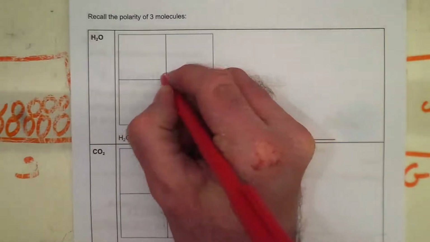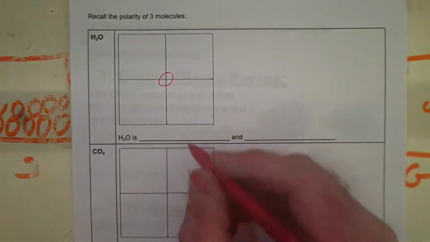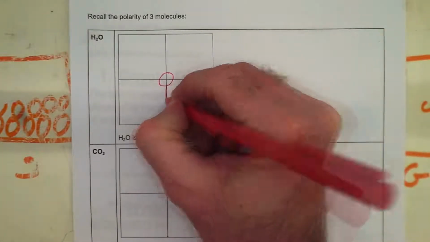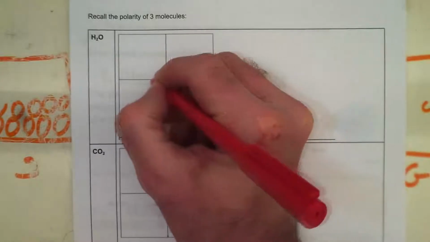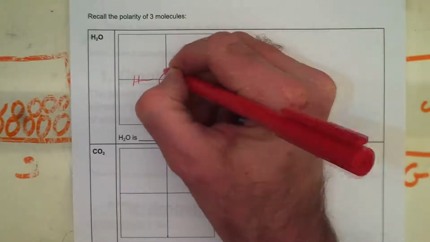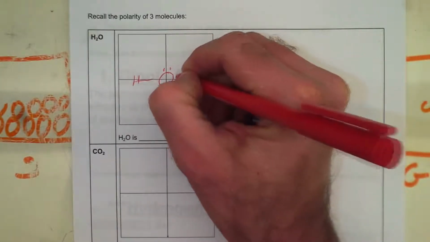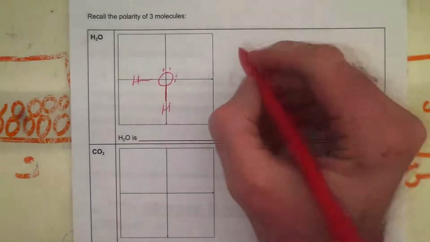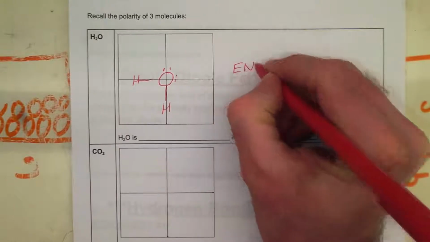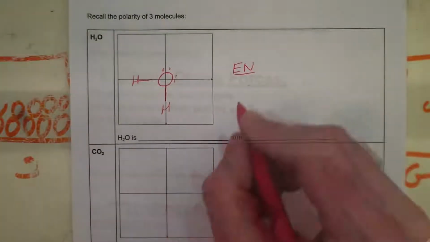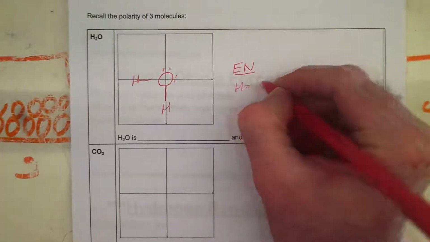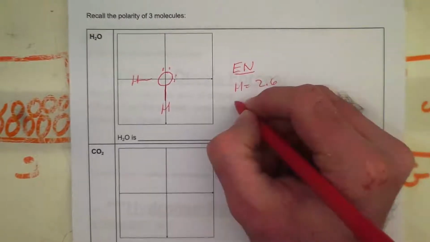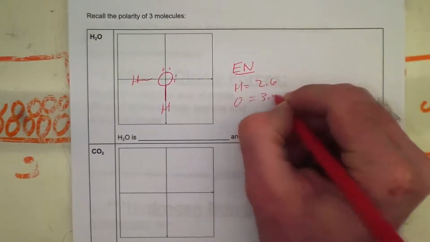I'm going to draw the oxygen here in the middle of these axes, with one hydrogen coming down here and another hydrogen coming down here. And of course, I'm not going to forget my non-bonding electrons. Now, if I look up the electronegativities, here's that word from bonding, hydrogen is like 2.6 and oxygen is about 3.5.